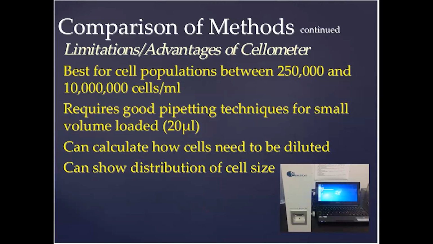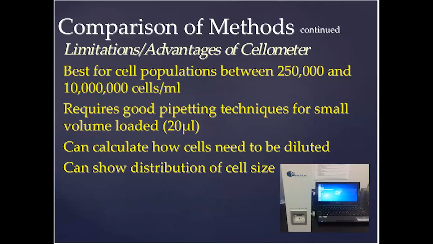By comparison, if you look at the limitations and advantages of the Cellometer, first of all, the Cellometer does have a limitation as to what number of cells you can count. Somewhere between 250,000 and 10 million cells per mil is when it does the best. Anything above or below is not going to give you good numbers.